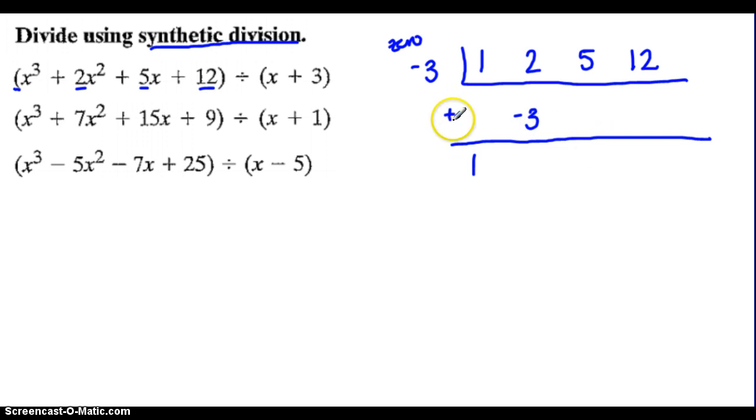Now it's above the line, so we add it. So 2 plus -3 is -1. It's below the line, so we multiply it times the 0. Now they're above the line, so we add them. It's below the line, so we multiply. And it's above the line, so we add.